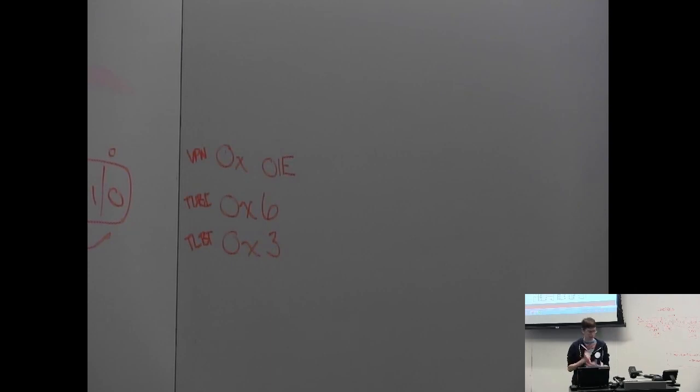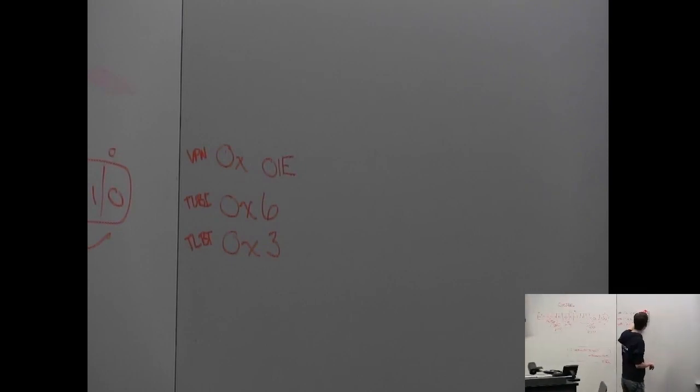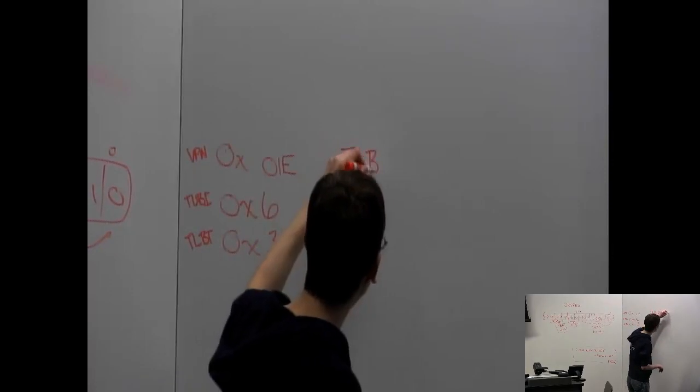Is this a hit? No. Not according to this table. 6 has tags 1B and 0 in it. Neither of those are equal to 3, so it looks like this is a miss. So TLB hit: no.